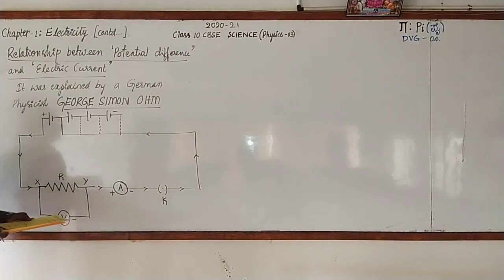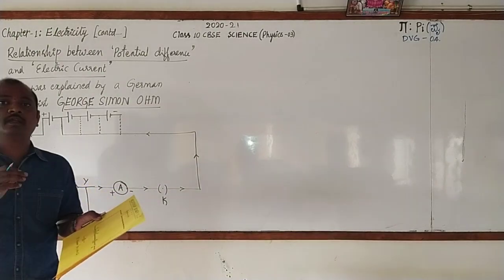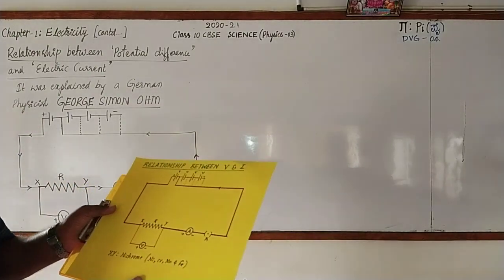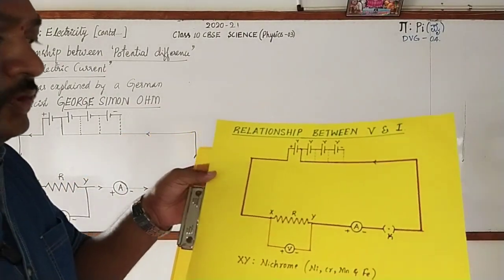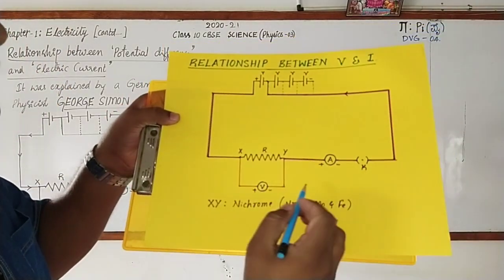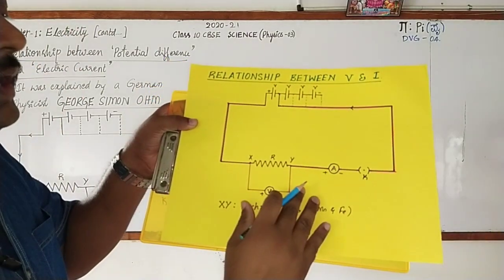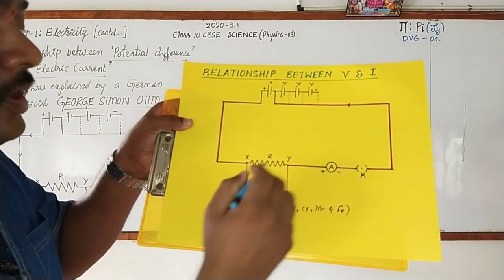Okay. Now before explaining the procedure, first let me tell you how these different electrical components are arranged. Here we have the circuit diagram. Please observe this. Let me tell you how to connect the electrical components.